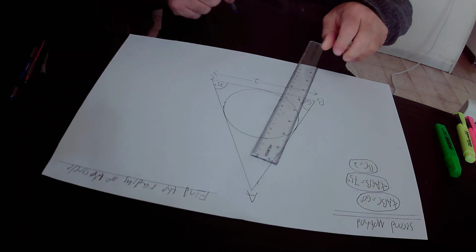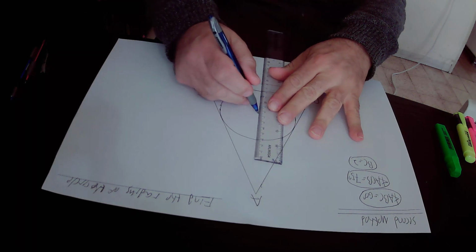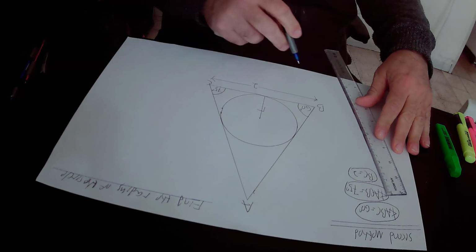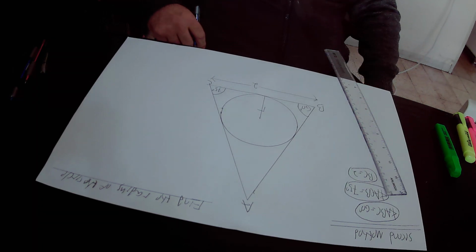Repeat again, we have to find the radius R of this circle that is described by triangle ABC.